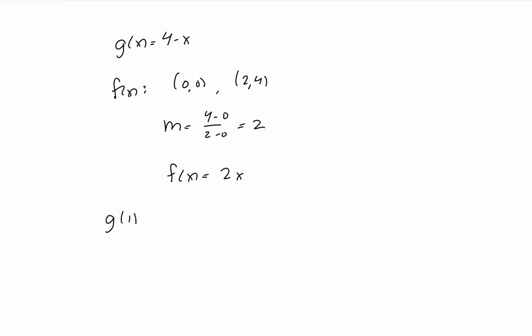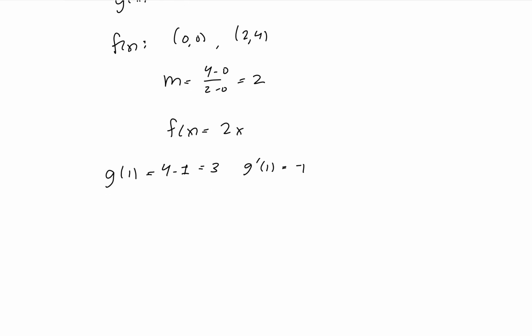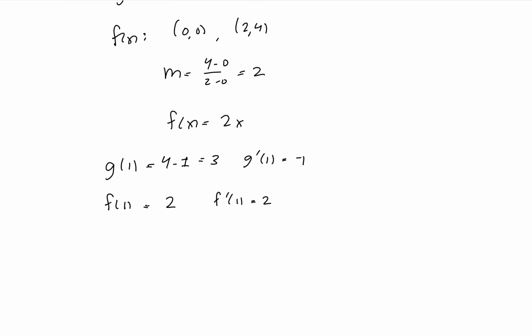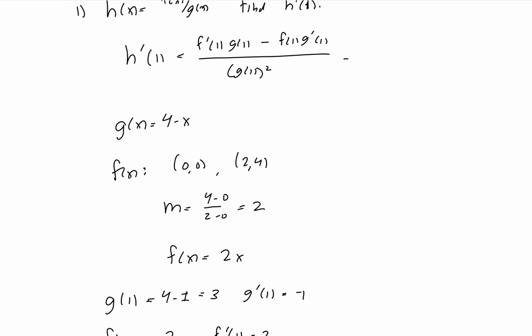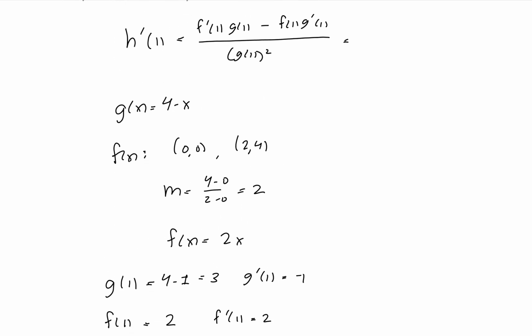So we can see g of 1 is 4 minus 1, which is 3. g prime of 1 is just negative 1, that's the slope of that line. f of 1 is 2, and f prime of 1 is 2. So if we look back up at our equation, this is going to be 2 times 3 minus 2 times negative 1, over 3 squared.